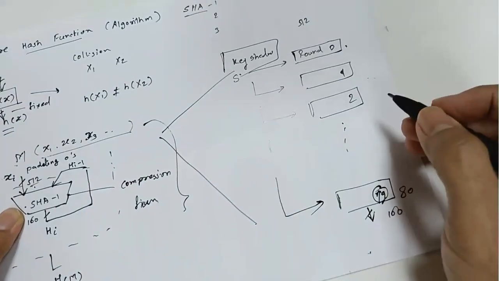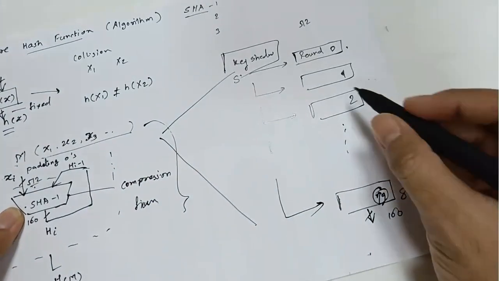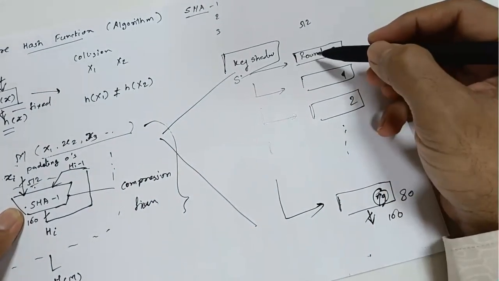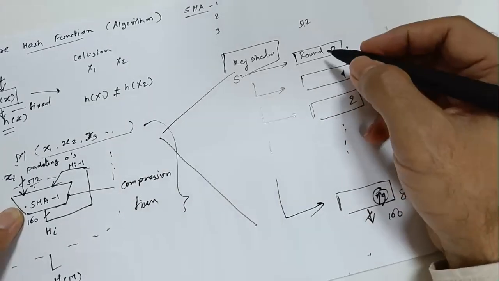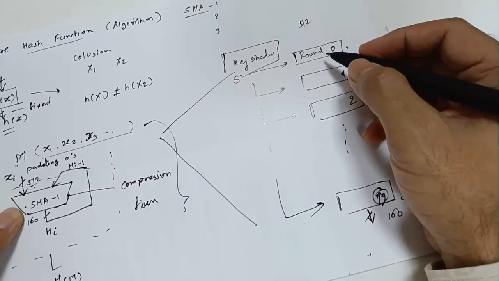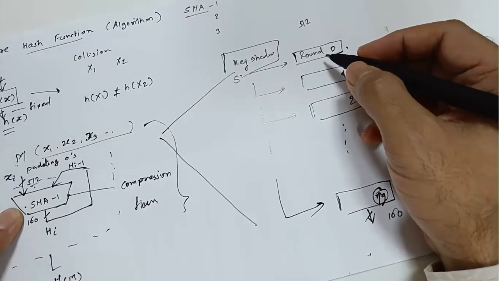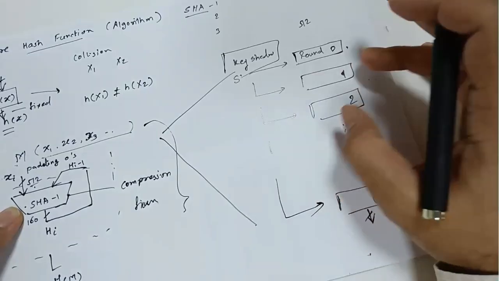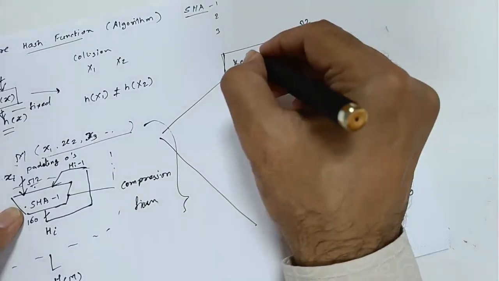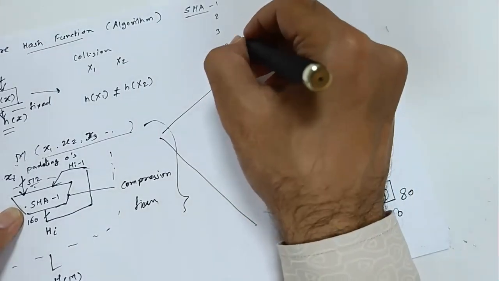Now there is a problem here. In each round, you have to do a compression. To reduce this complexity, the change they made in SHA is that instead of a key schedule, we have a message schedule.